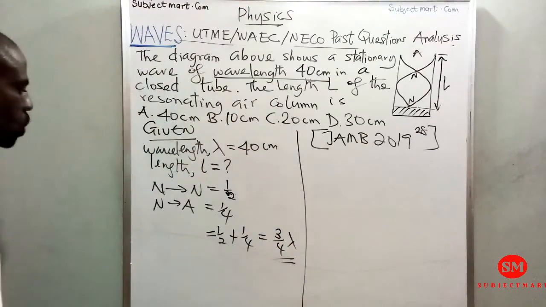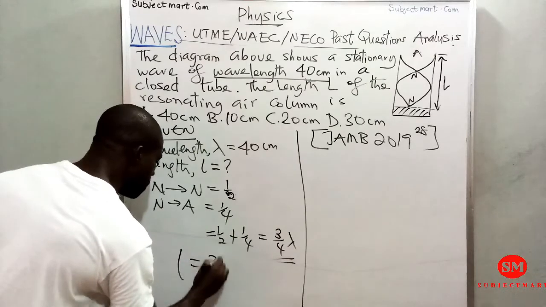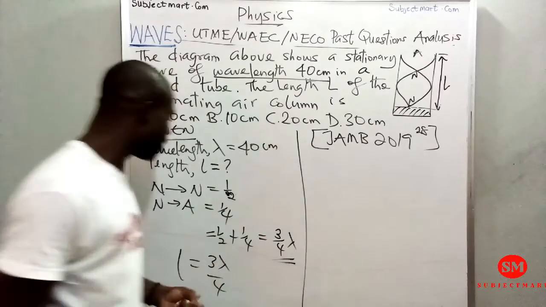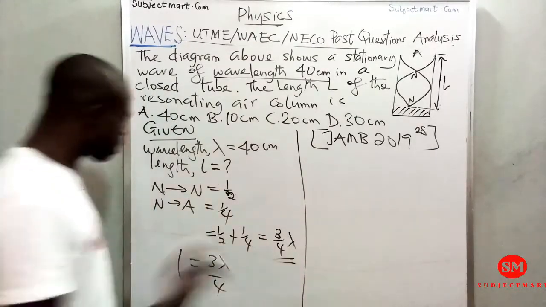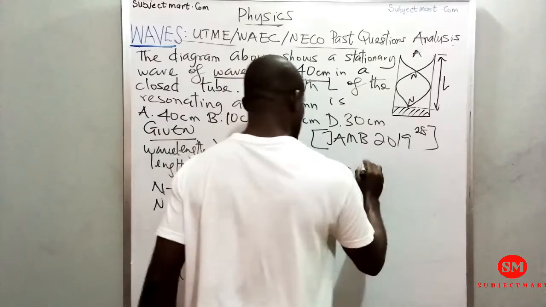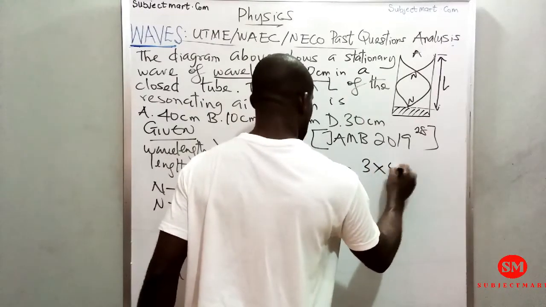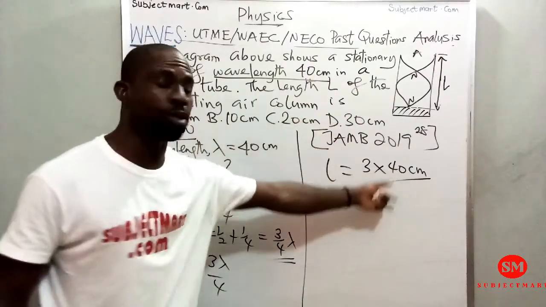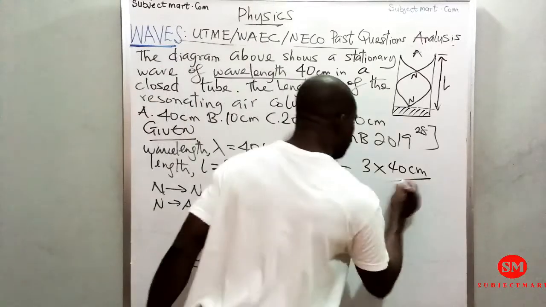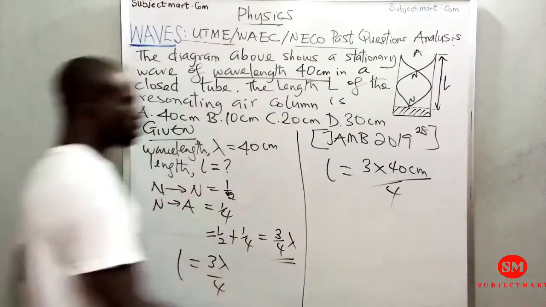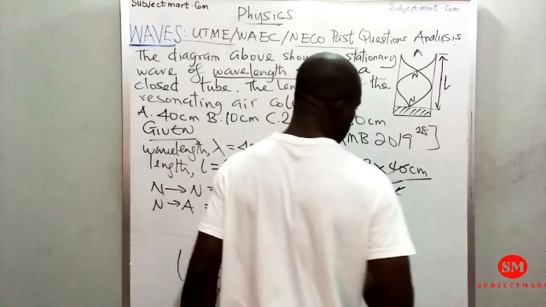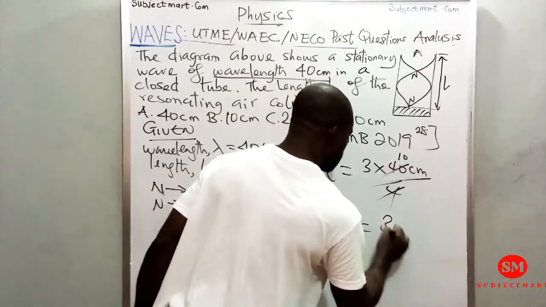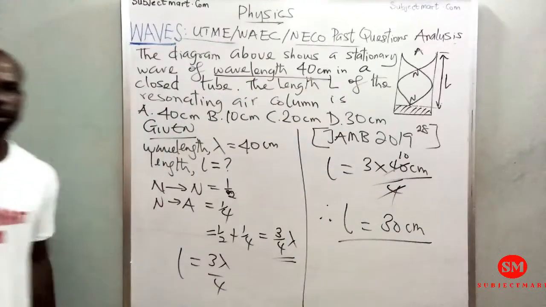So the length L will be 3 lambda over 4. Already we have been given the value of lambda as 40 centimeters. Just substitute. So our L is 3 times 40 centimeters all over 4. Because the answers are in centimeters, we are not going to convert to meters. We do our cancellations and we have 10. So therefore length L is going to be 30 centimeters.